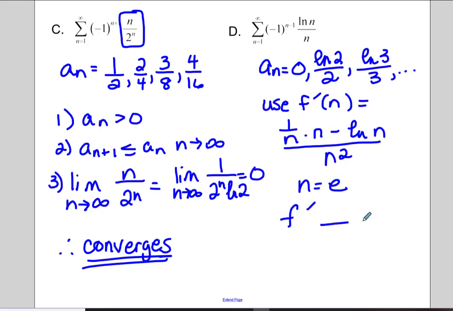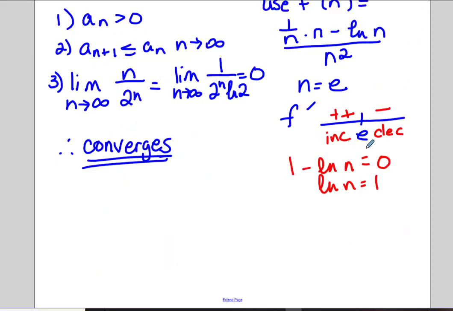and using the first derivative test, when we substitute to the right of e, we've got negative values, so the function's decreasing, and to the left, it's increasing. So we know that our a sub n is decreasing based on the first derivative test.